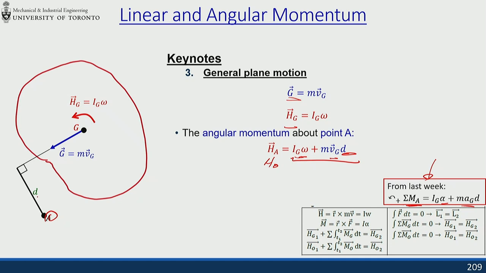The d is still similar to what we ran into the last 2 weeks, where you draw the velocity from the gravitational center, and extend it until it hits a perpendicular line, then that is your distance d. Looks like an A there. And if you compare it to the equation last week where we looked at the sum of moments, the equation is actually quite similar.